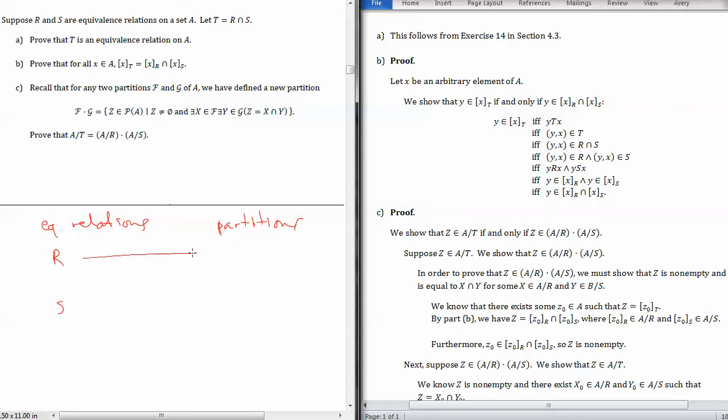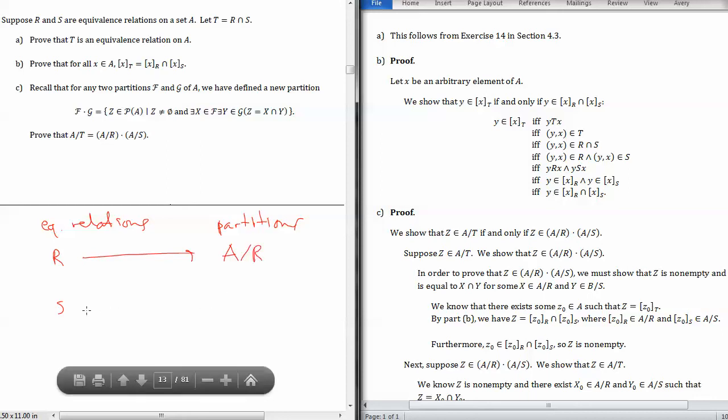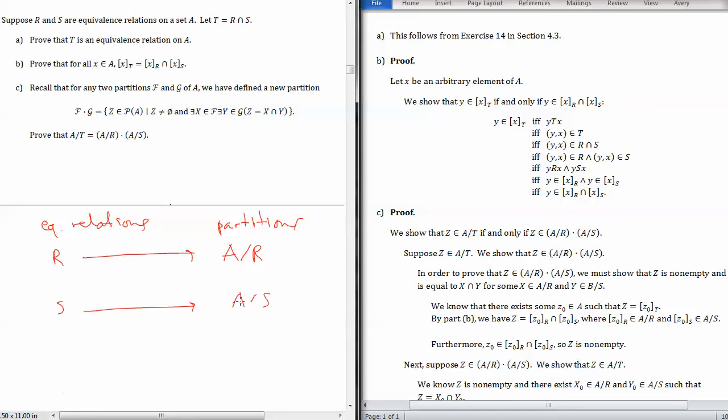So this one gives us the partition A modulo R, and this one gives us the partition A modulo S. And now with two equivalence relations, they're just sets of ordered pairs, so we know we can intersect them to get a new relation. And over here we have two partitions, and we know that we can take the dot product of them, right? Using that definition up there.